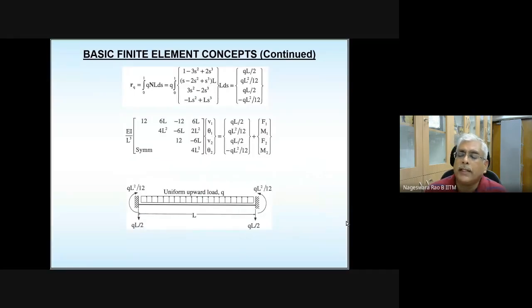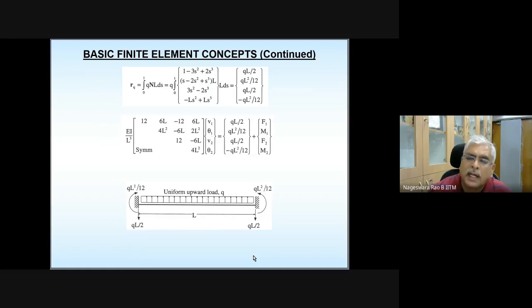So now we are ready to solve some problems. We are ready to solve some beam problems. And please note that in beams, you can have point loads, or uniformly distributed loads, or varying loads, where the load variation can be any pattern. There is no restriction on that.